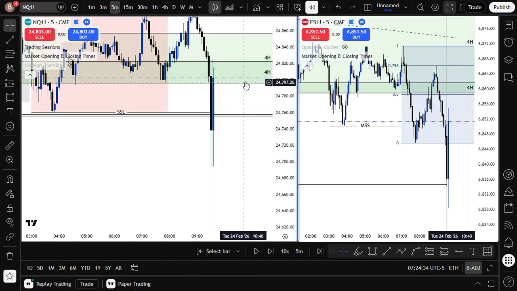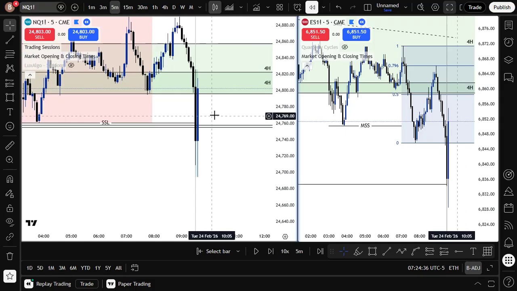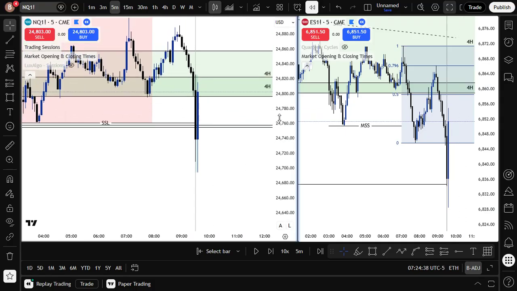Ideally I need to see that this 4 hour time frame is holding the price. Ideally. Then I want to see maybe a 3 minute inversion fair value gap. And then I'll target the sell side.